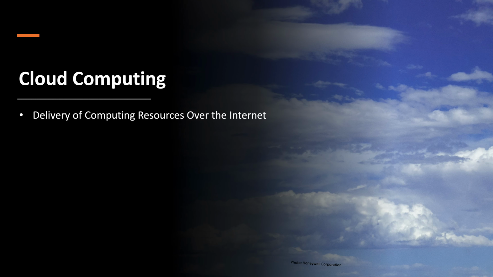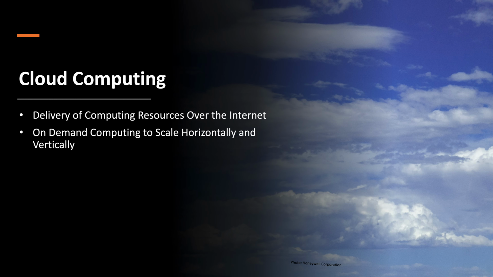Now, I'm sure everyone has heard about cloud computing, providing computing resources over the internet. And this is really what's called on-demand computing, where we can scale systems horizontally or vertically. Horizontal scaling simply means adding more computers as we need to do more processing.